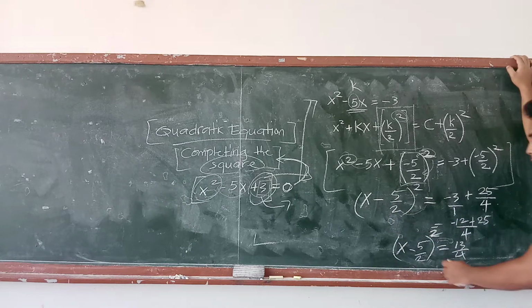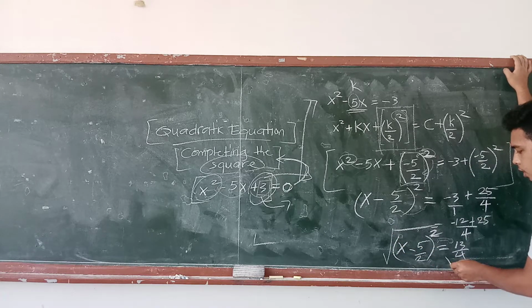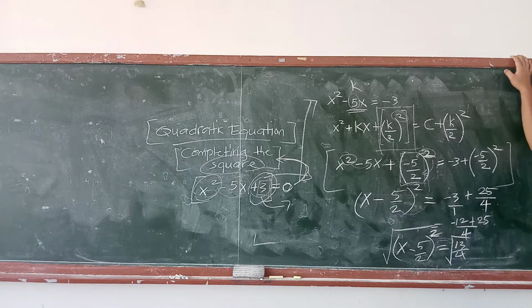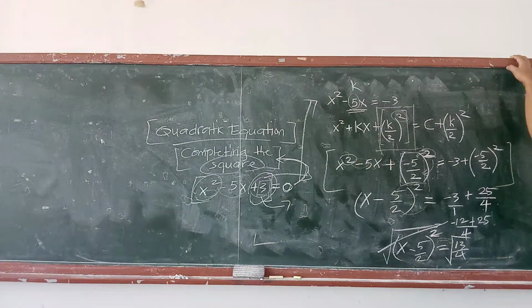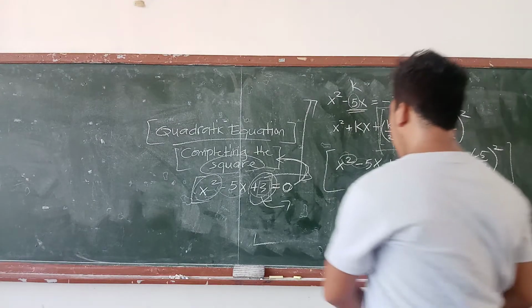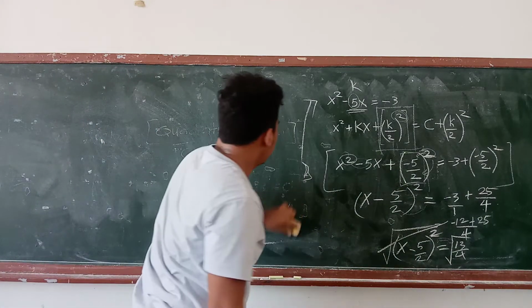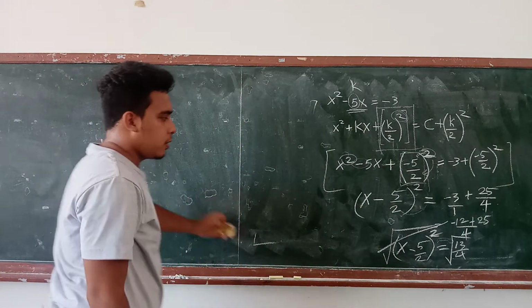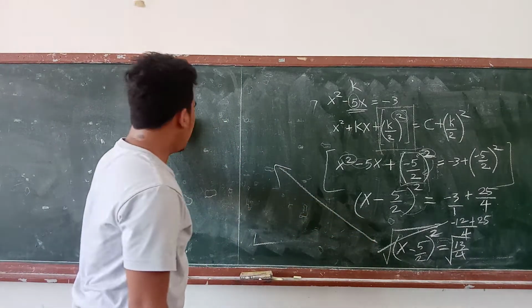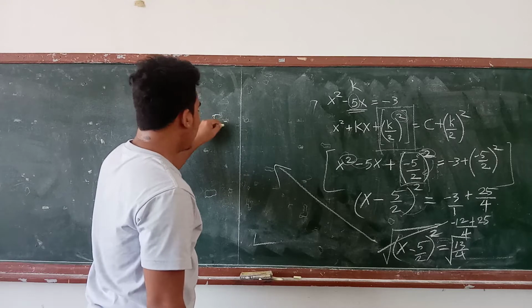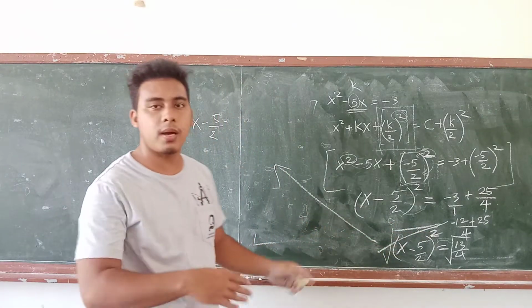Then we can now extract the exponent 2, so the remaining will be x minus 5 over 2, since the exponent 2 and square root is makancel siya.